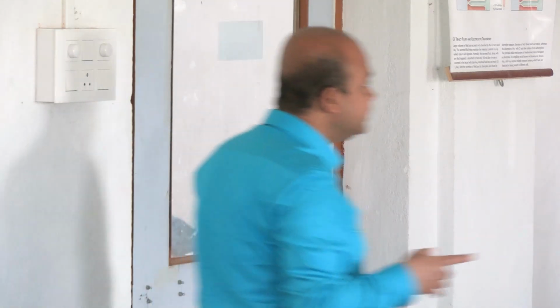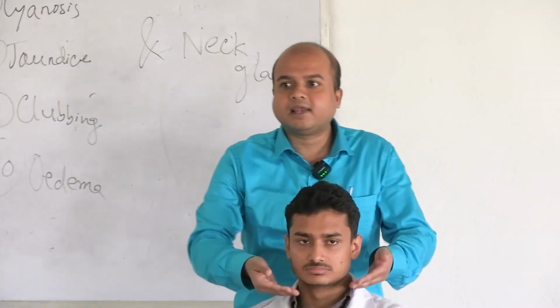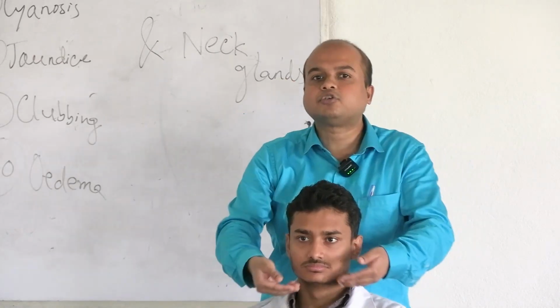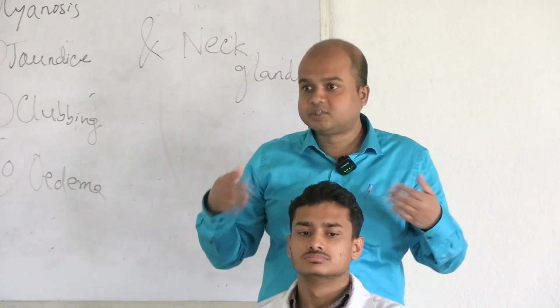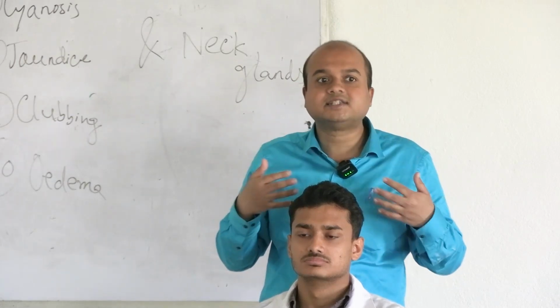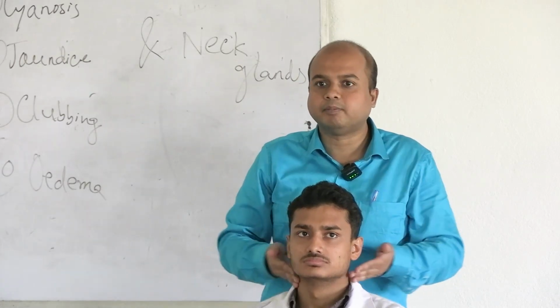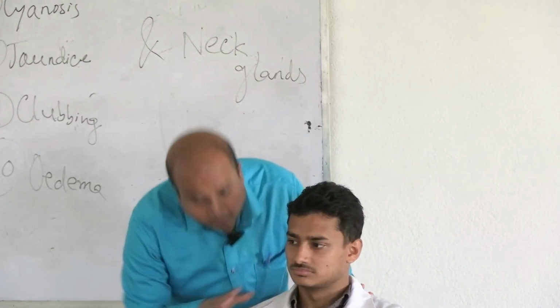But in the general physical examination part, we just look for the neck veins like this, and neck glands, not only the neck glands but the under surface of the face near the mandible. In viral respiratory diseases, these get engorged. All these salivary glands, we can feel for them. So this is neck veins and neck glands just by observation.